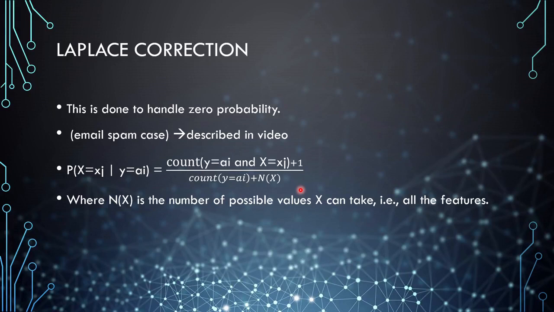It will just pretend that it has seen it once, and then divide by the total number of features. Basically, out of all the words, it will pretend that it has seen the unknown word at least once. So that really takes care of our 0 probability.